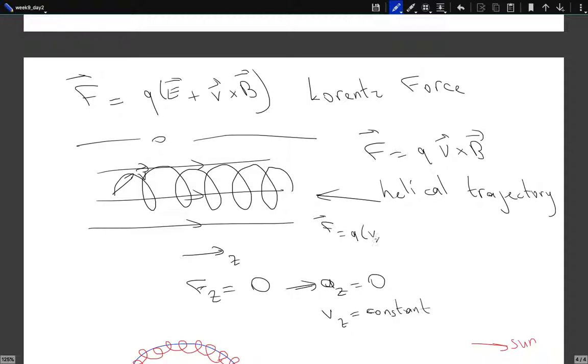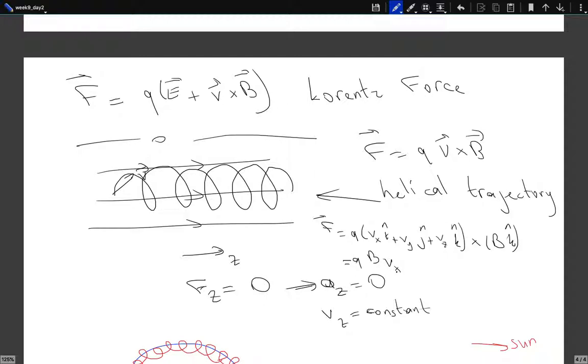The velocity in general will have an x component, y component, and a z component. B, we have chosen the direction of B to be the z-axis, so it only has the k component. So let's open up that parenthesis, Q B Vx.